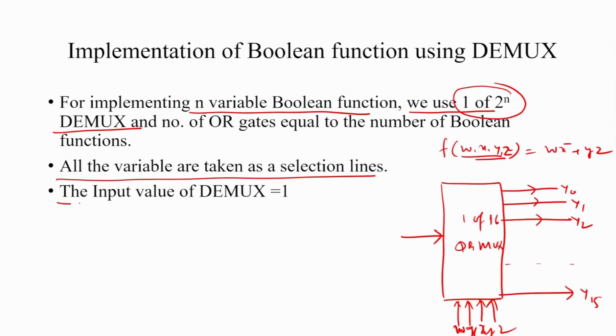And the important thing here is that when we implement a Boolean function through a demultiplexer, the input of the demultiplexer is taken as 1, means we supply 1 through the input, because only a single input is there, so we can supply a constant value 1 through that particular input.